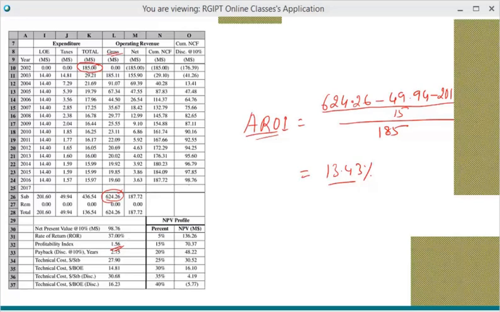You can see that this is your cumulative net cash flow, 98.76, divided by your investment.